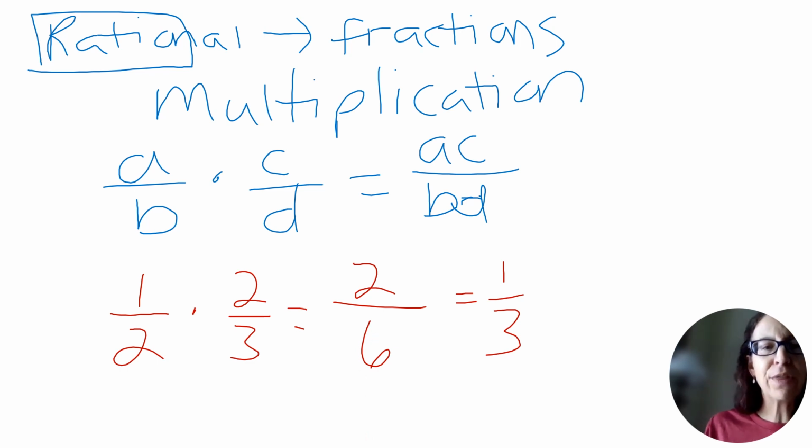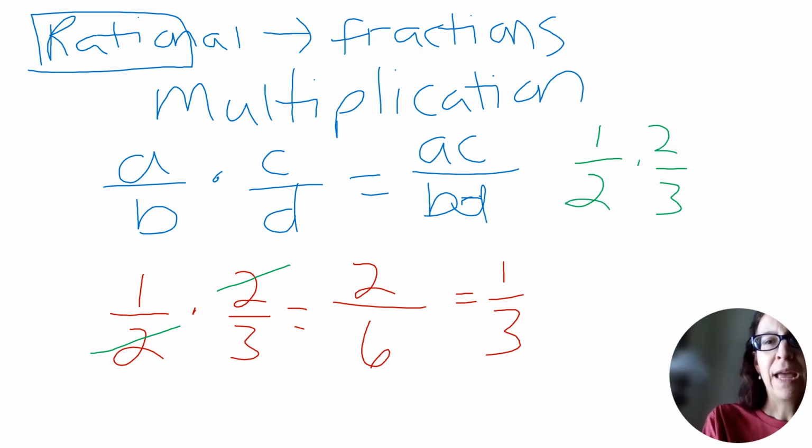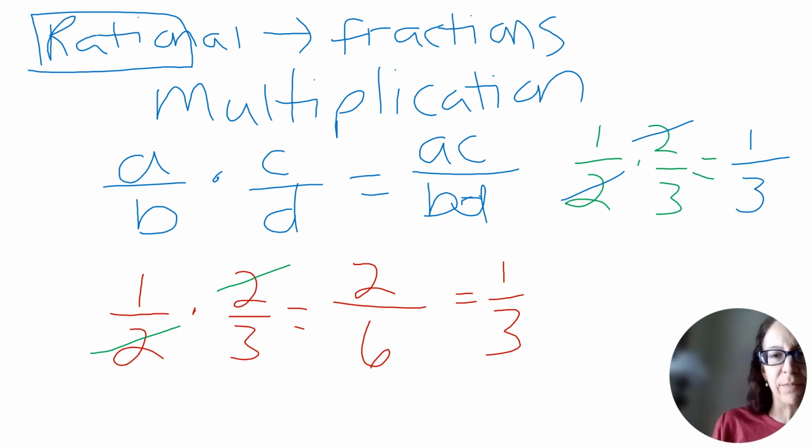What we can do is actually cancel that out before we multiply, because literally all we did was multiply it and then factor it, or unmultiply it, in order to simplify it. So a lot of people would prefer to do 1 over 2 times 2 over 3, cancel the 2's out beforehand, and that would leave you with 1/3, or 1 times 1 over 1 times 3.